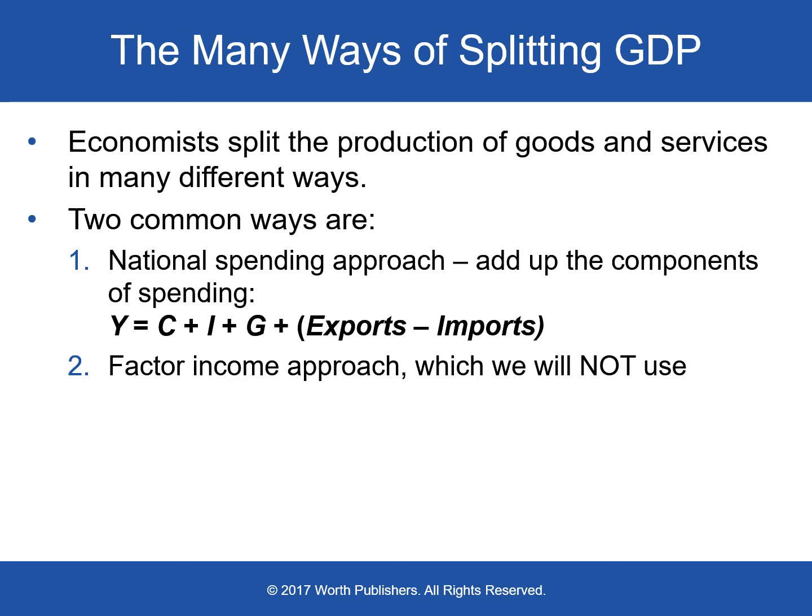That counts as G. Now, one thing G does not include is what we call transfer payments. A transfer payment is where the government takes money from you and gives it to me, or vice versa. Moving money around does not get counted in G because it's not actually associated with producing a finished good or service. So we ignore that.